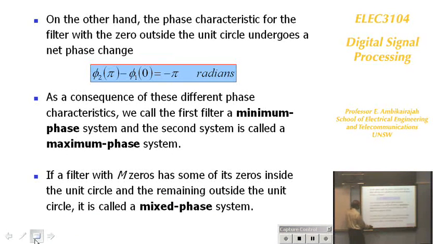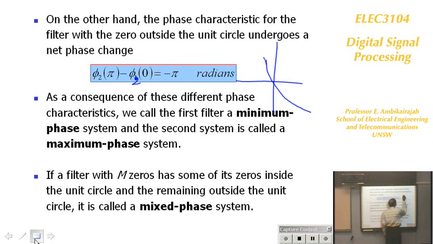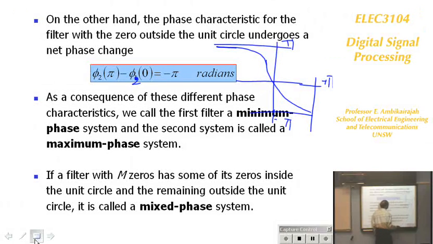And if you go and do the same thing for the second one, that's phi 2. The second phase is like that, right? Like that, because that's pi, sorry, that's plus pi here, and that's also pi, and that's also minus pi. Find out the phase at that point, which is 0.